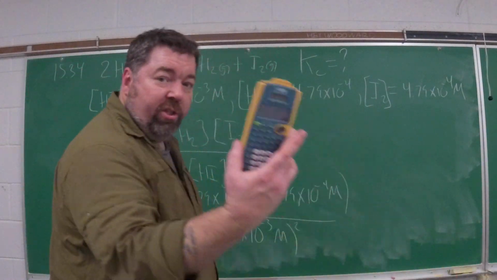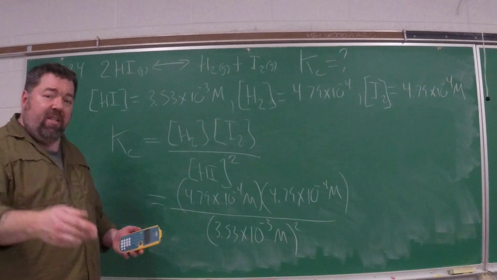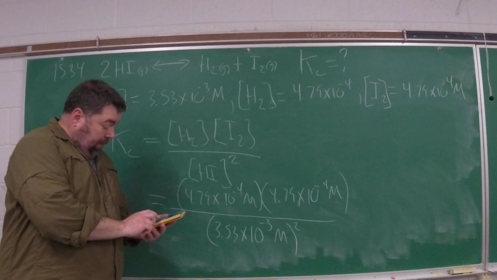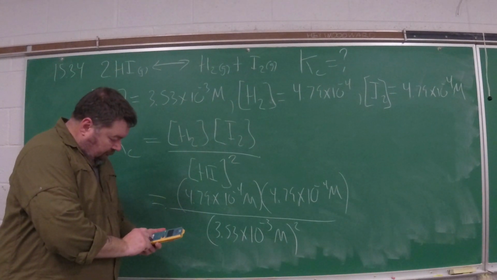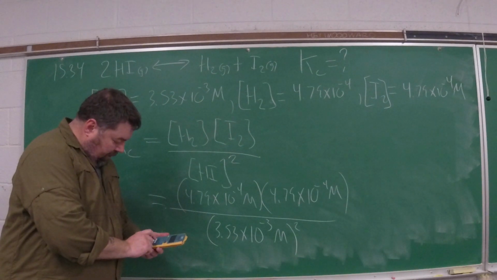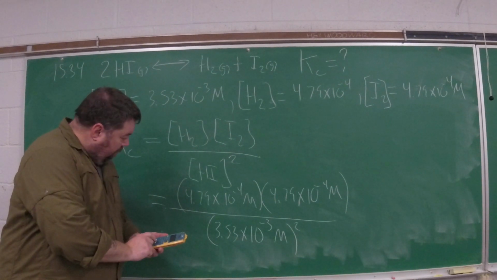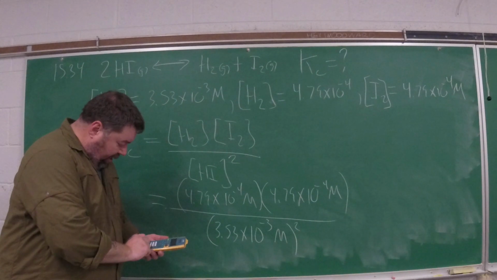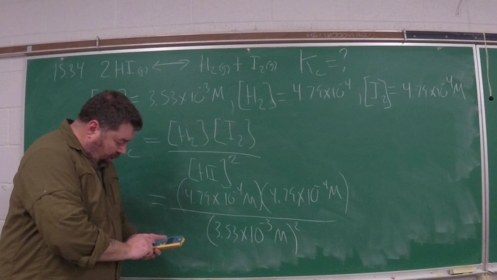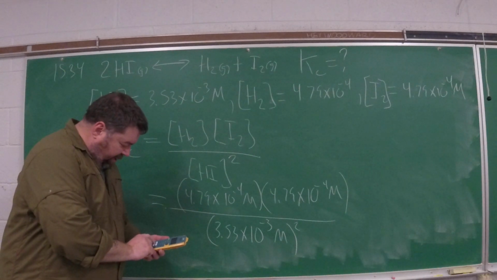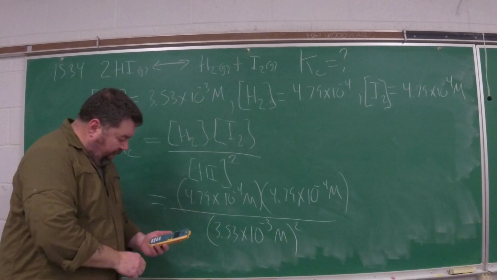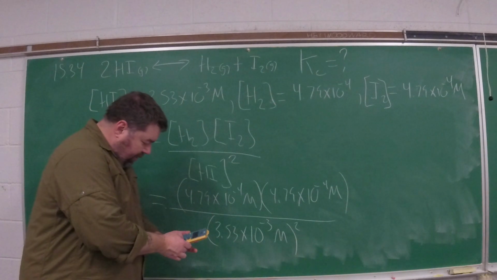And I gotta enter this in this junky calculator here. This is gonna take a minute. 4.79 times 10 raised to the minus 4. Close that parentheses. I'm gonna square that. Enter. Divided by that.